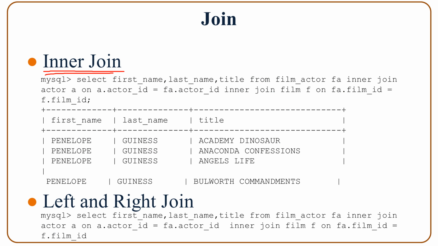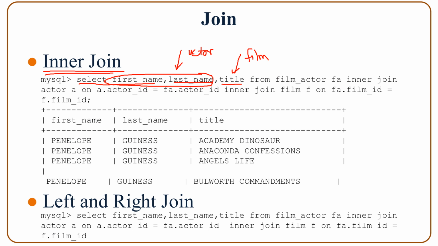It is the fields from actor. And title is from film. So first I say I select those fields from film actor, okay, and then I have to create sort of join.